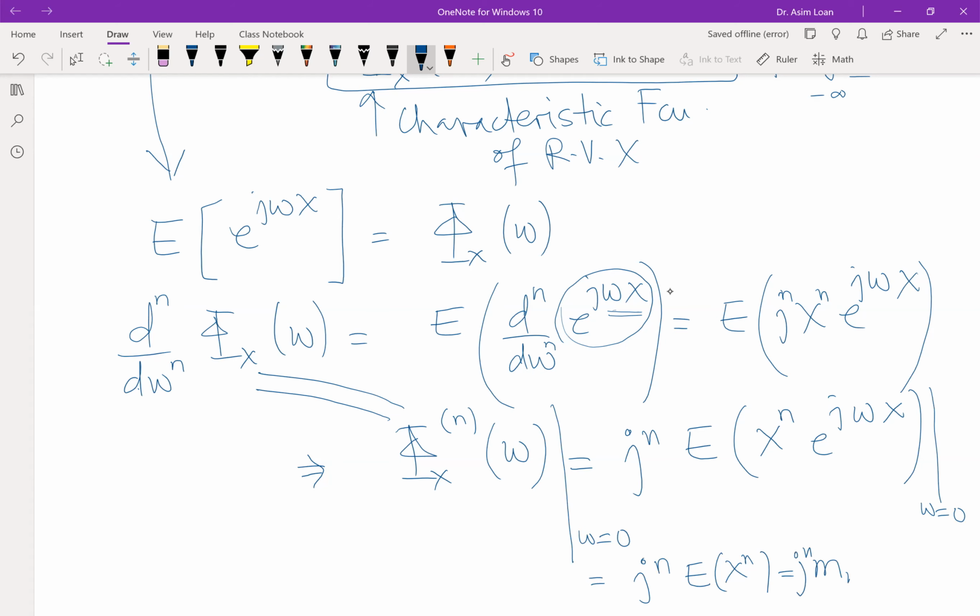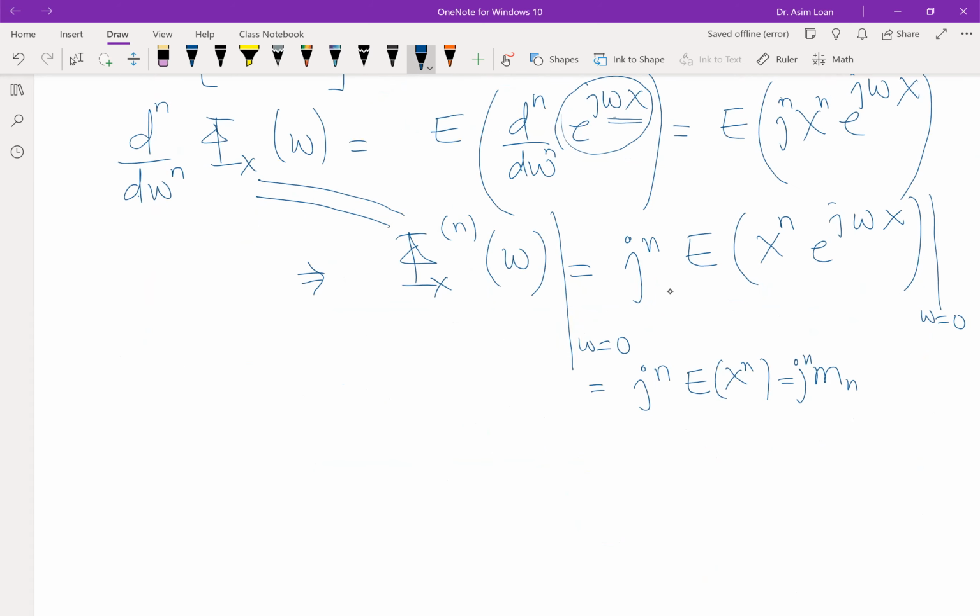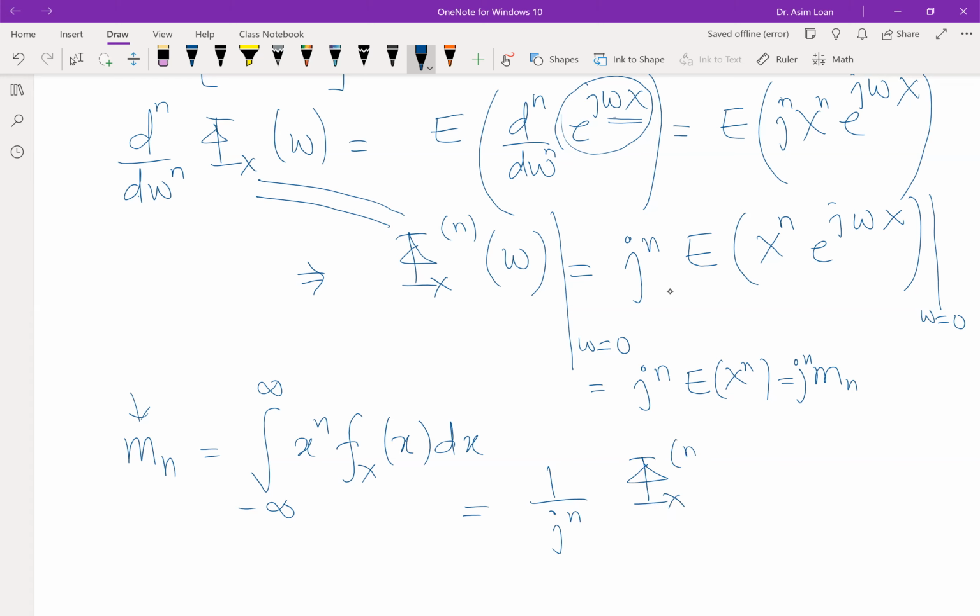j to the n into m n. So this means that if you want to find the nth moment, either you do minus infinity to infinity x to the n f x of x dx, or you do 1 over j to the n, find the nth derivative of phi x with respect to omega, and then evaluate at omega equal to 0.